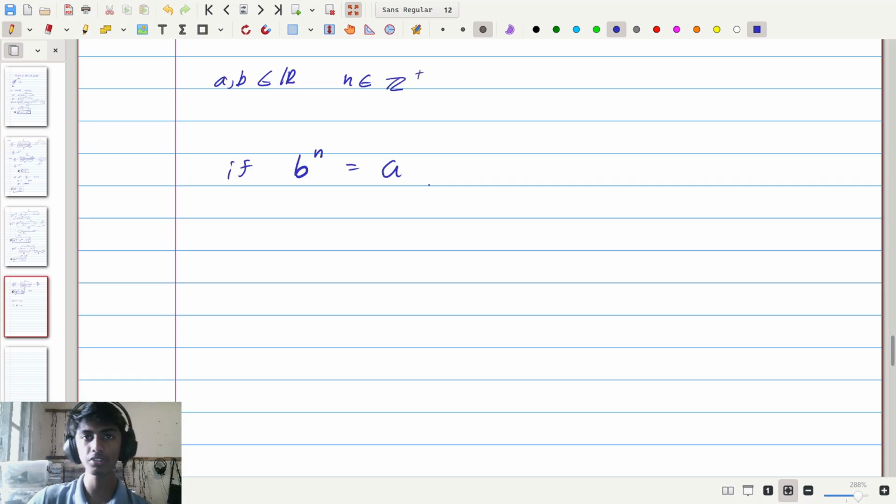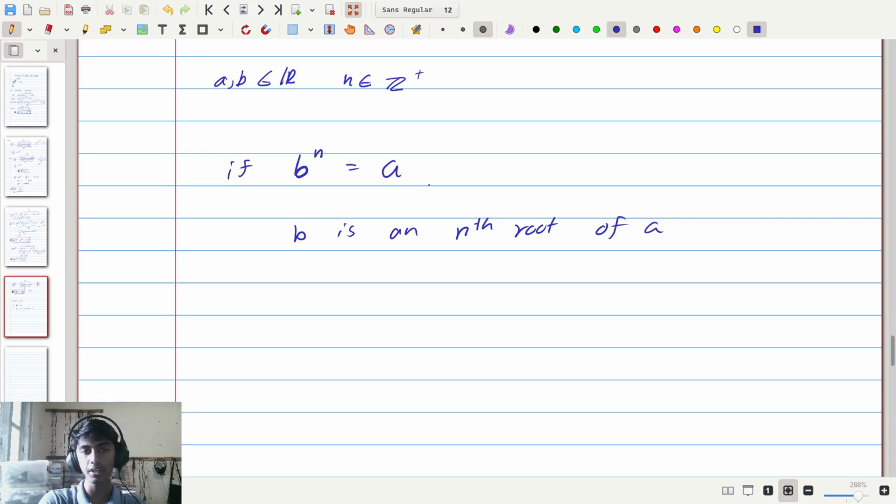Similar to how we started above with indexes of positive integers and expanded them to non-positive integers as well, we will try and expand starting from n being a positive integer. So here, if b to the n is equal to a, then b is an nth root of a.